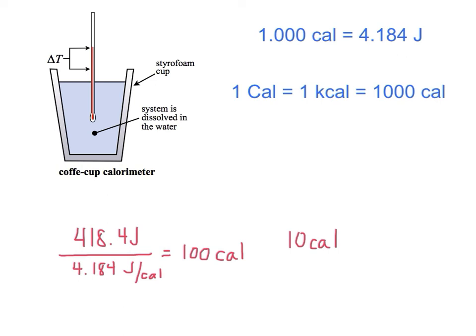Well, we would want to multiply, in this case, 4.184 joules for every 1 calorie. And if we did that, not hard to see that we would get 41.84, again ignoring significant digits, joules in this case. So make sure you understand the math behind that. Two relatively easy conversions there.